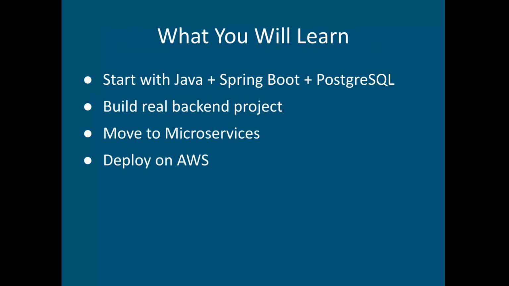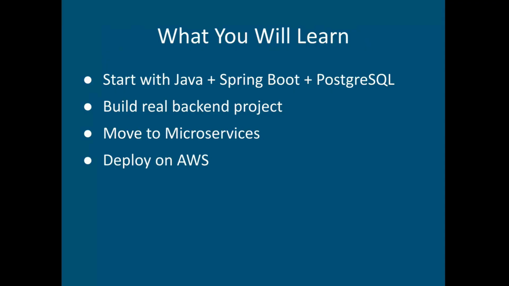So here is what you will learn in this course, the learning journey phase by phase. You will start with Java, Spring Boot and PostgreSQL. Here we will build a complete backend application from scratch and learn clean code and clean architecture.